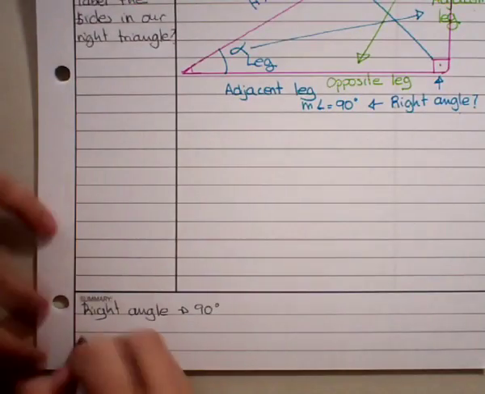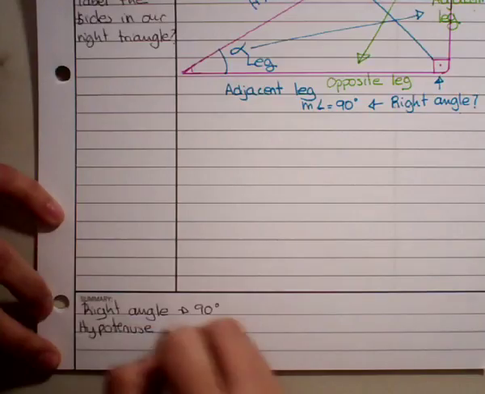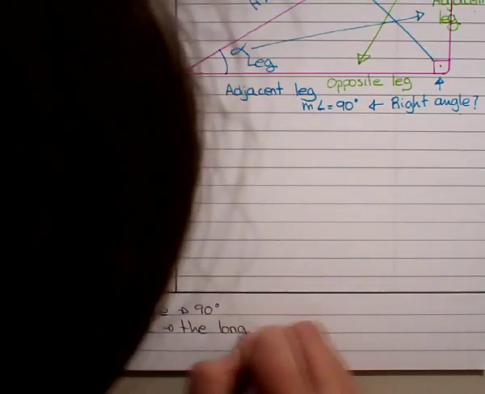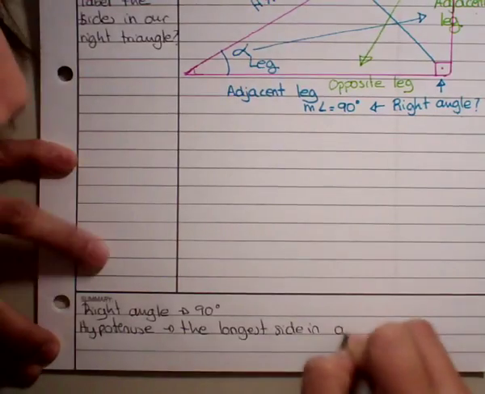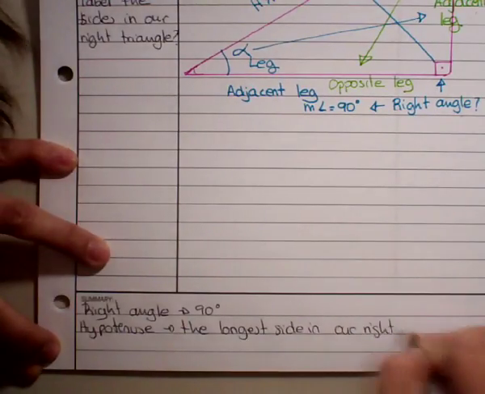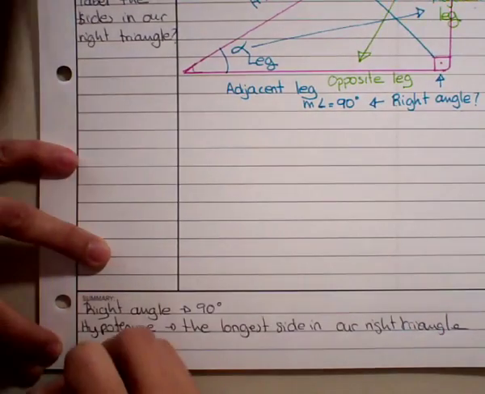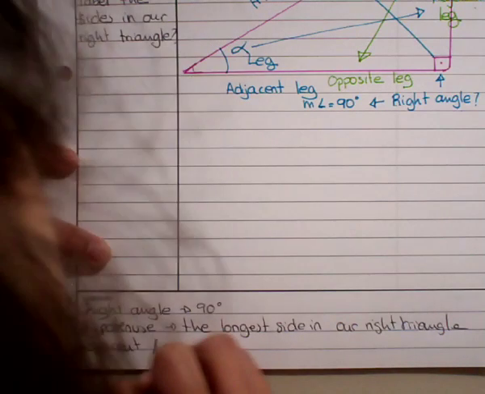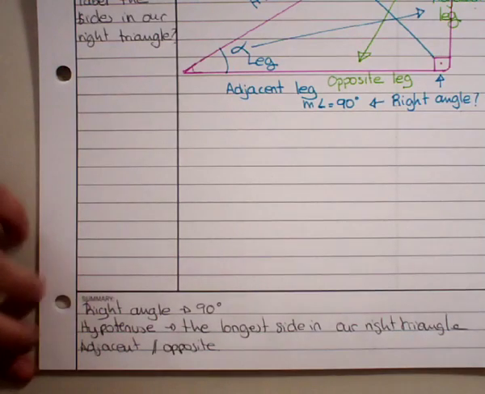Hypotenuse, the longest or largest side in our right triangle. We could also define maybe adjacent or opposite. Right, so that's it for now.